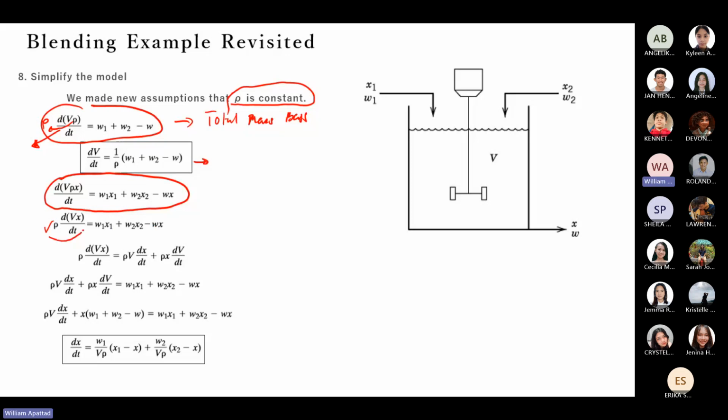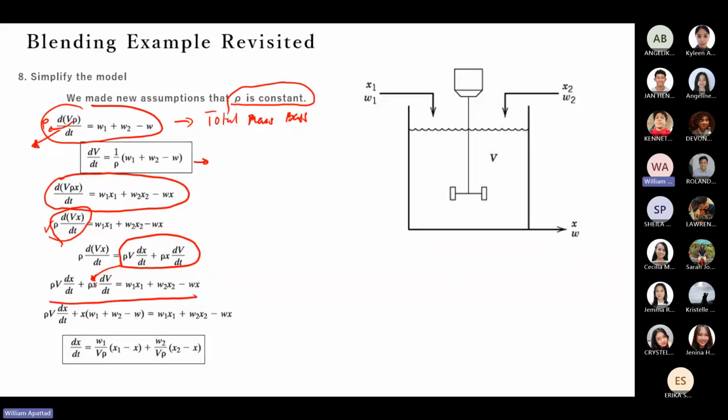So ito, we expand this by product rule sa inyong DC. So this will be equal to density V dx over dt plus density x dV over dt. So substitute it here. Okay. So we have this main equation again. Okay.